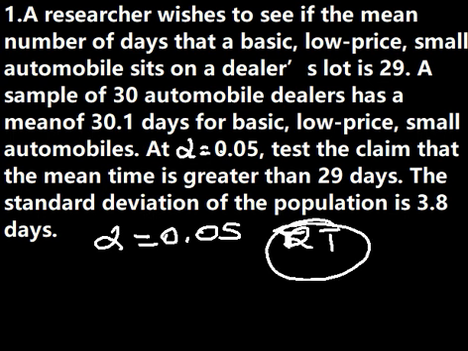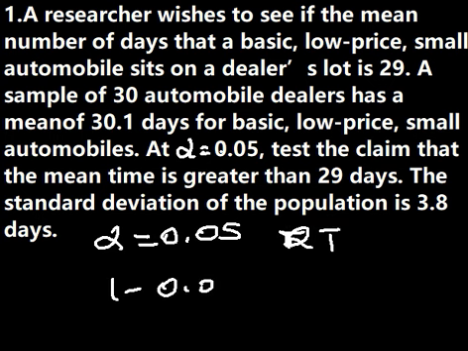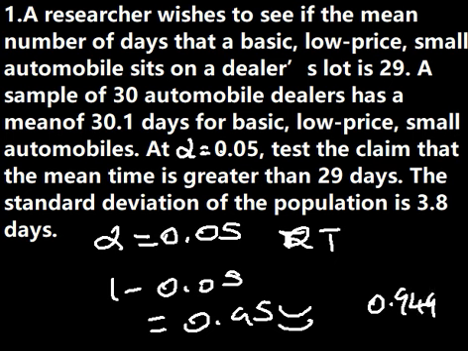Since it is right-tailed, we'll have the complement of alpha, which is 1 minus 0.05, giving 0.95. So we are to look for the critical value corresponding to 0.95. The value which is closest to this is 0.9495.